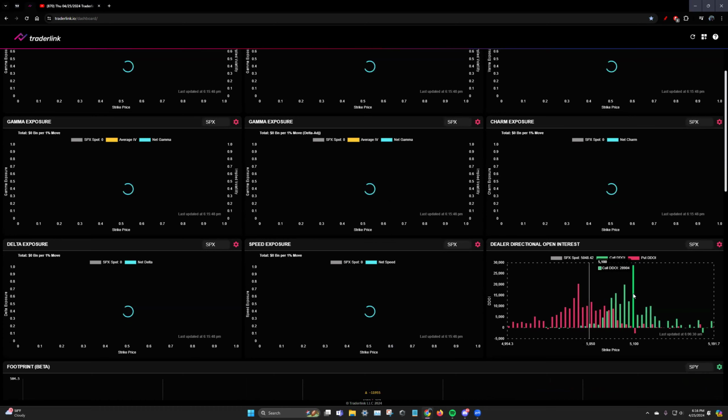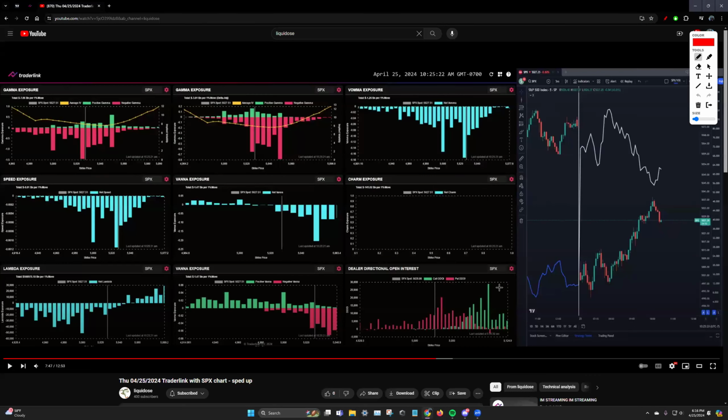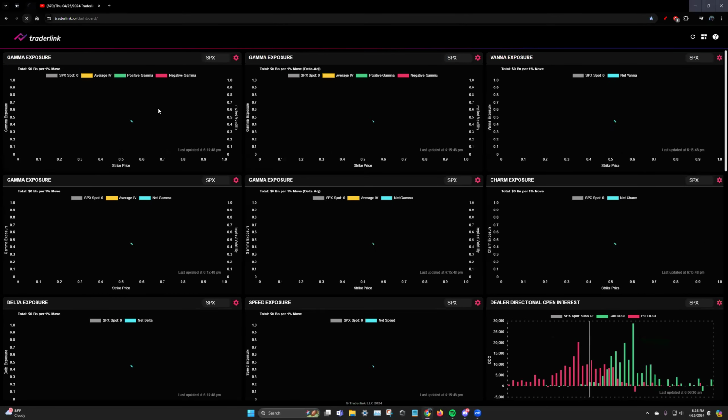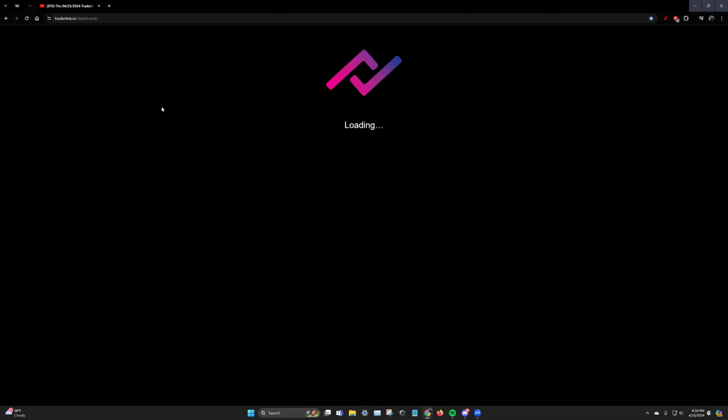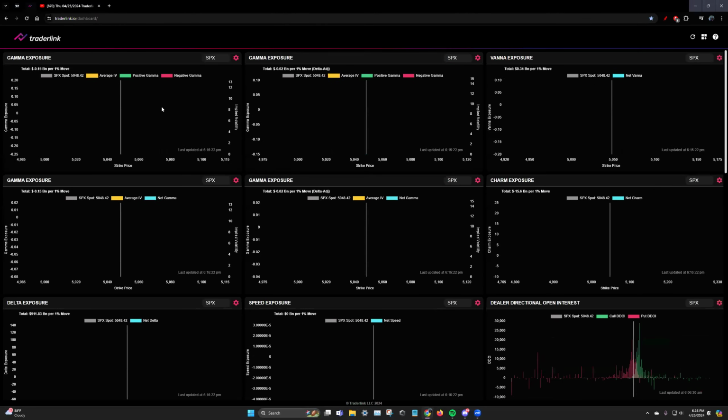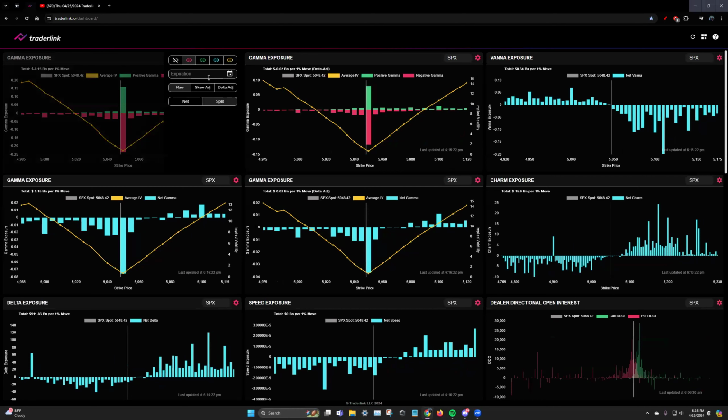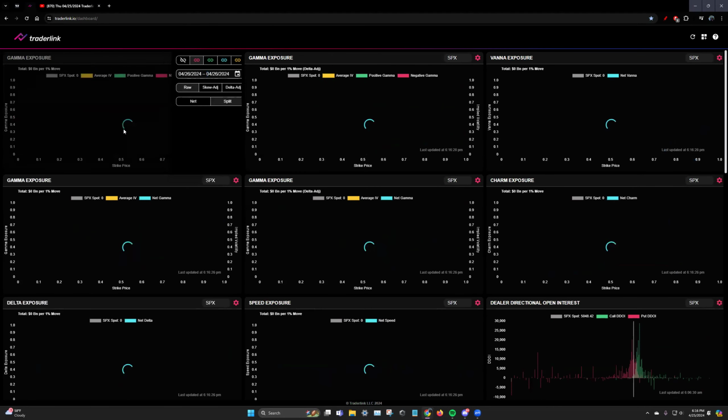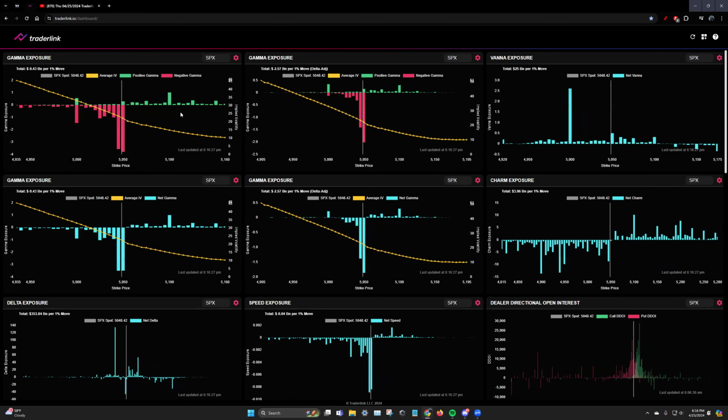DDOI flashing 5100. The biggest bar on DDOI. Biggest bar right here. Same bar. So that's always interesting to see. Good catch, Lick. 50.50 for tomorrow.